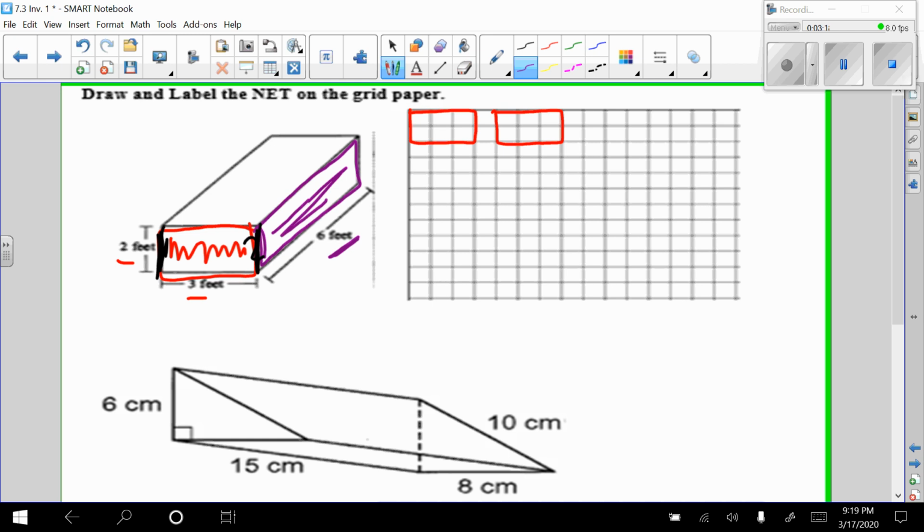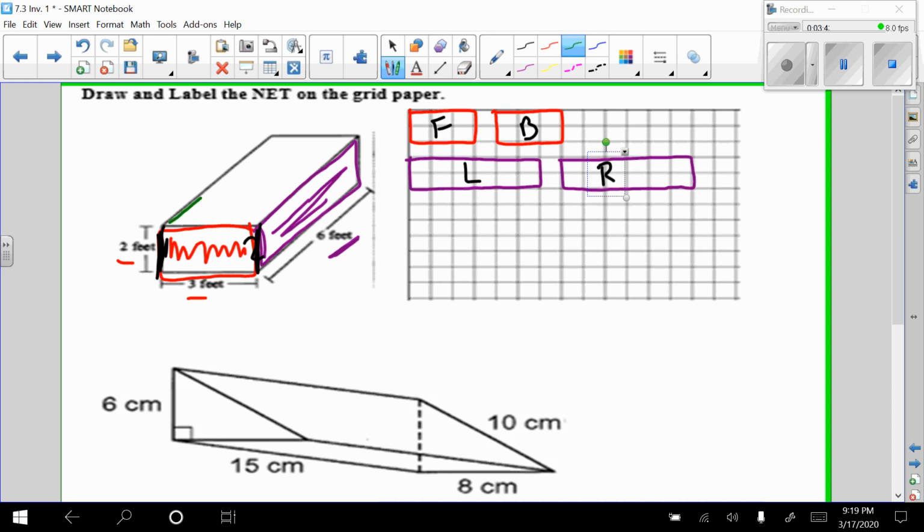So I would have to draw out one that's going to be 2 by 6 here. And that would give me one side, the right side, and I could draw another one that's 2 by 6. That would give me the other side. So now I have the front and the back, the left and the right. And maybe you want to label them, the front, the back, the left, the right, just to know that we've gotten all of the shapes.